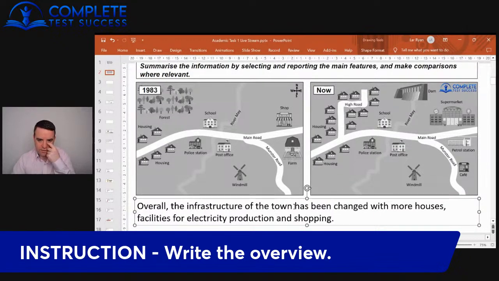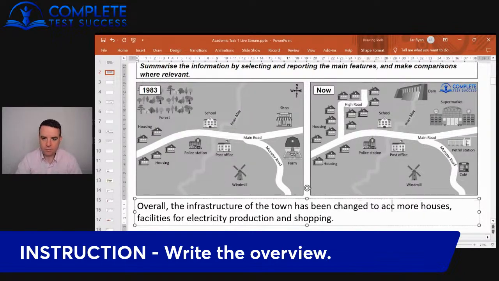Overall, the infrastructure of the town has been changed, and let's say to accommodate more housing, facilities for electricity production, and shopping. I like it. Okay, good. Let's go with that.